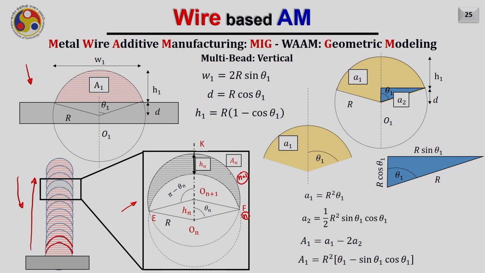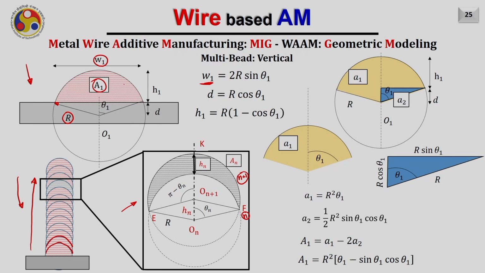Now let us come back and first find the area of the bead deposited on the flat surface. Here we can see that W1, the width of the bead, can be given in terms of R, the radius of this circle, which I have already mentioned represents the curve.